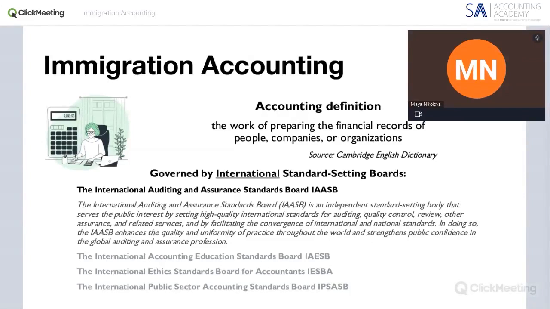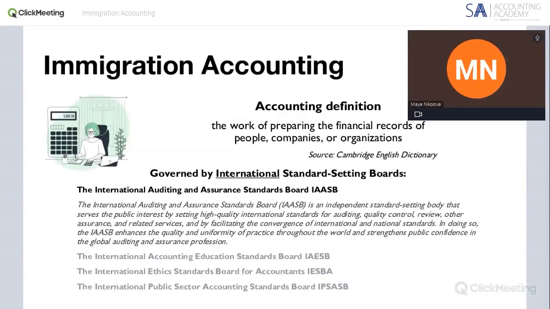The International Auditing and Assurance Standards Board is an independent standard setting body that serves the public interest by setting high quality international standards for auditing, quality control, review, and other assurance and related services, and by facilitating the convergence of international and national standards.